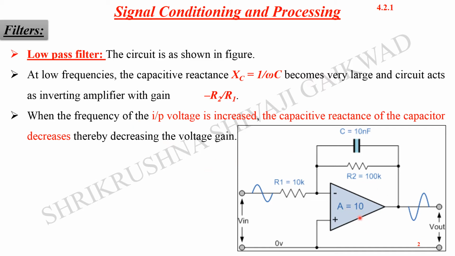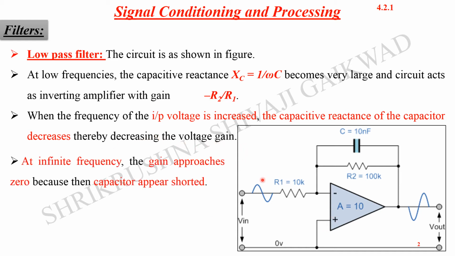This gain can be varied when the frequency of the input voltage is increased. Okay, as we increase the frequency, obviously the capacitive reactance of the capacitor decreases, thereby decreasing the voltage gain. Now at infinite frequency, the gain ideally approaches zero, because then the capacitor appears to be shorted.